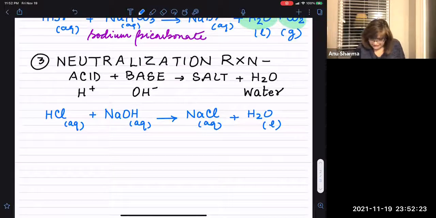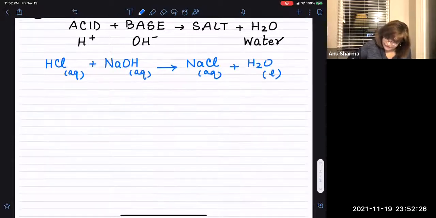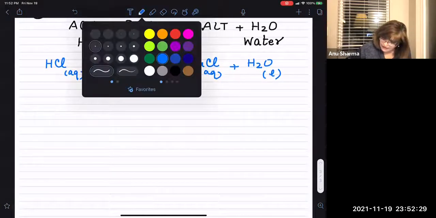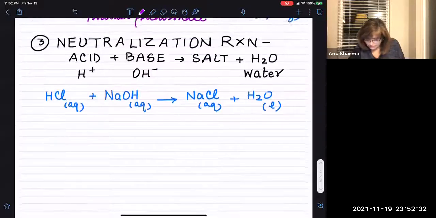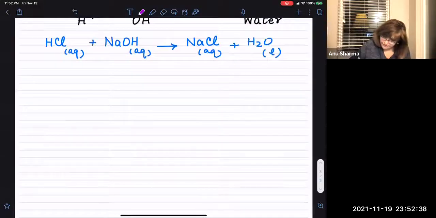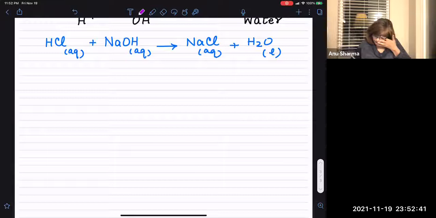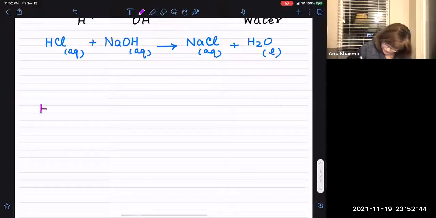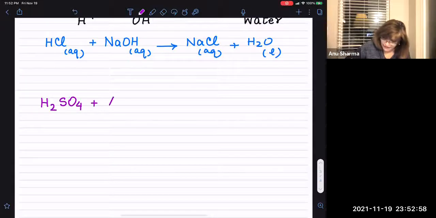So salt is not just NaCl. We can also have another example, like H2SO4 plus Al(OH) whole thrice.